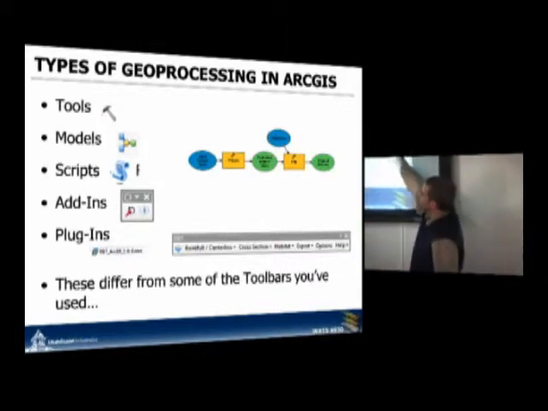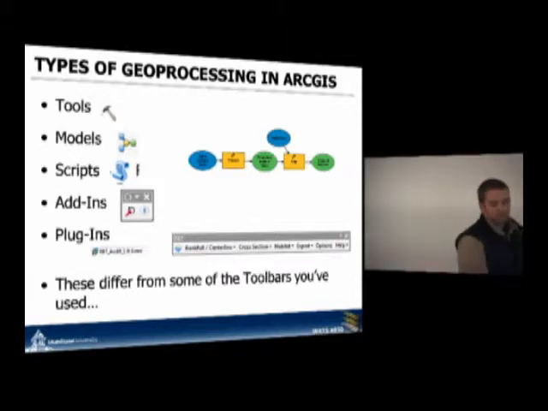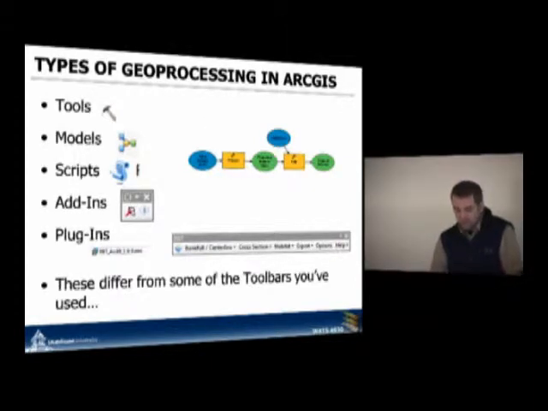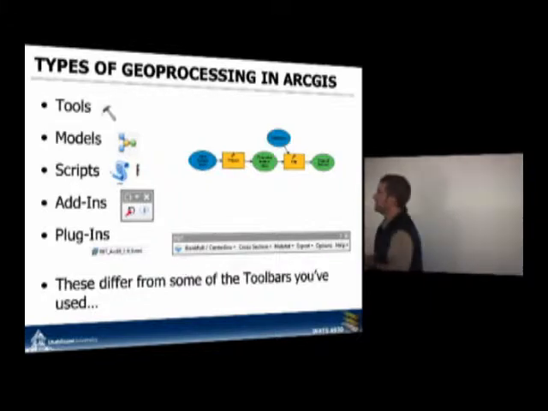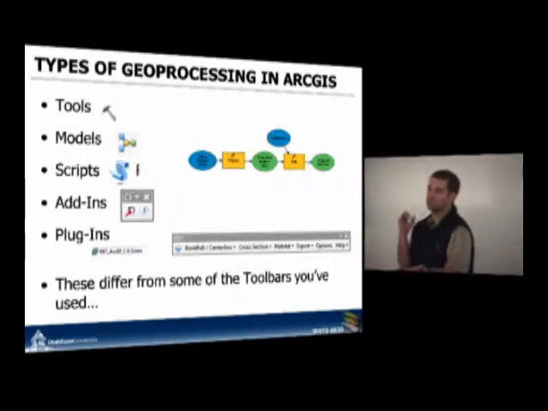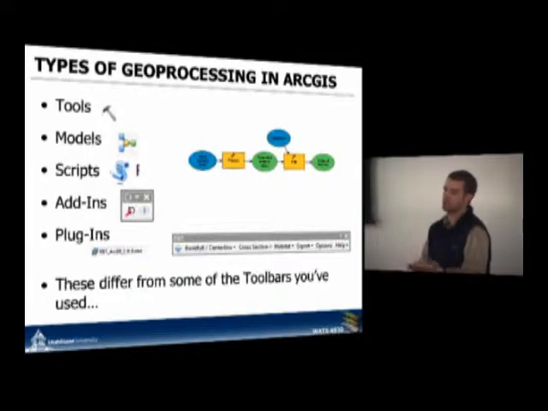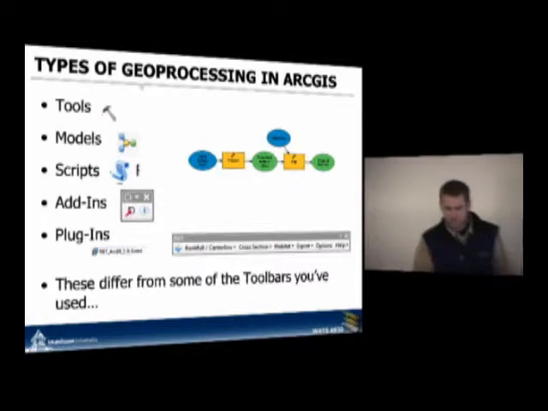So there are reasons people build plugins as opposed to add-ins as well. And so when you do add-ins and plugins, they get added as toolbars, and then you found that there's a whole bunch of other toolbars in ArcGIS as well. Some of them are associated with certain extensions, and some of them are built in to ArcGIS. So are the tools and the toolbars the same thing?